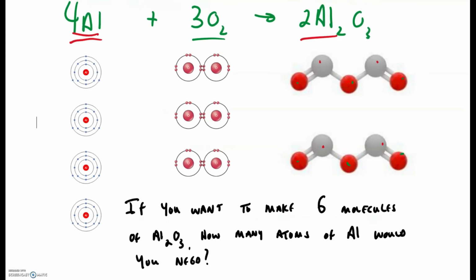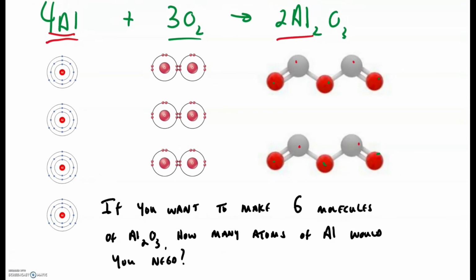And that question looks like this. If you want to make 6 molecules of this stuff, how many atoms of this stuff would you need? Now, some of you can look right at this and say, well, this equation tells us how to make 2 of these.